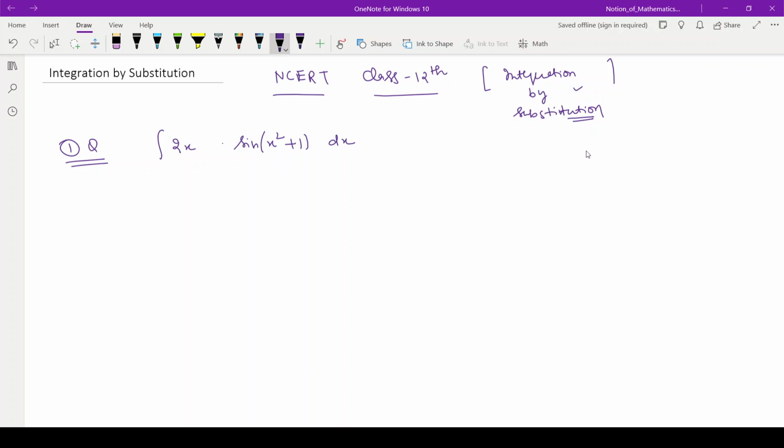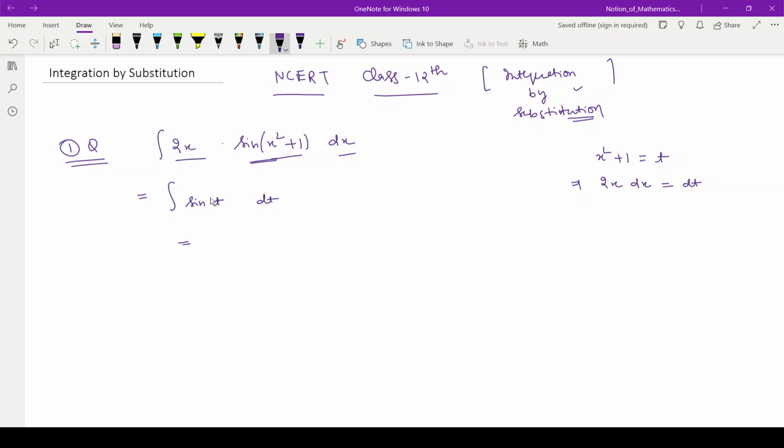Suppose students, I am considering here x square plus 1 equal to t. So on its differentiation it will give us 2x dx equal to dt. So utilizing this data, this will become sine t and this 2x dx will become dt.